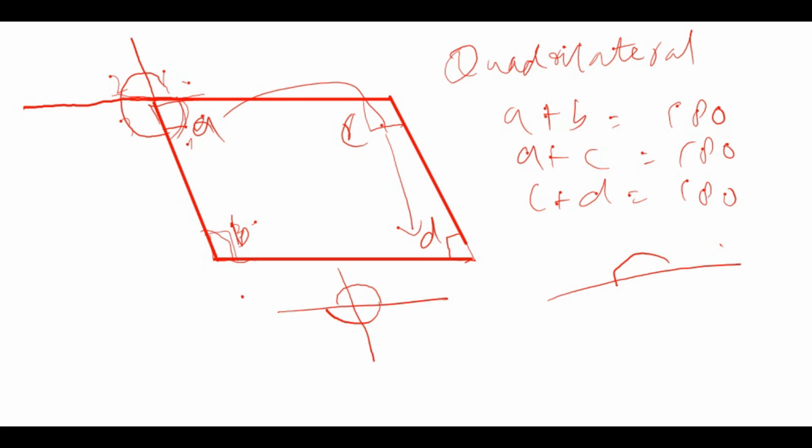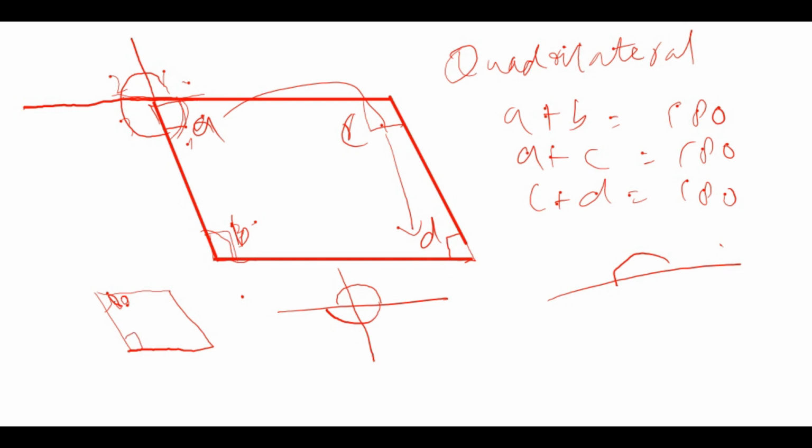Sometimes what could happen is this angle could be changed. For example, if you would draw that, it could be 80. But remember that the sum of these two angles would always be 180.